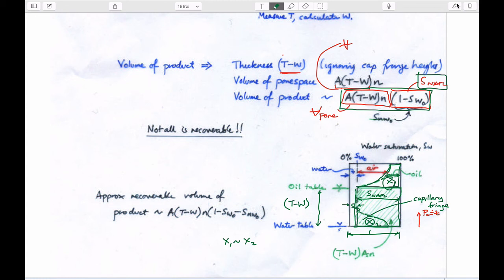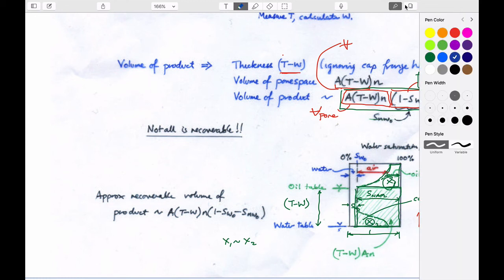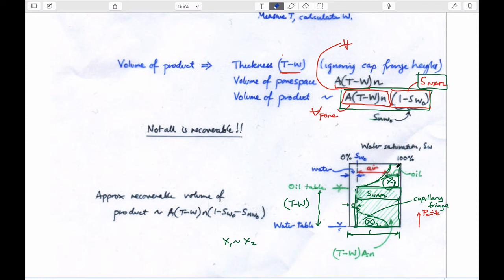Well, all right. So if you want to know how much you recover, this amount here would be irrecoverable, right?